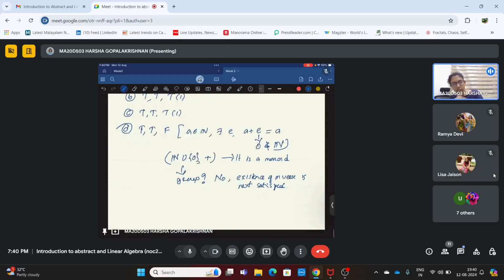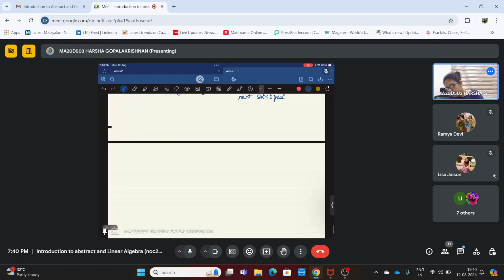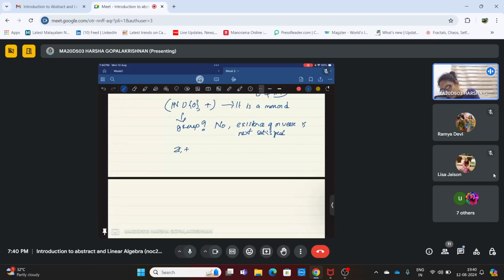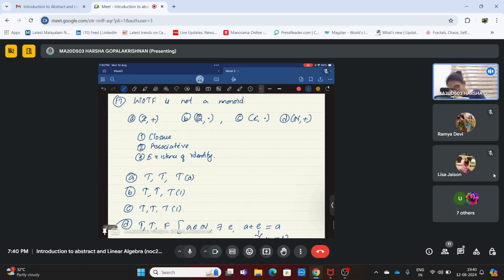So that is why we will go a further step, like Z plus. In that case, we will take all the inverses also, and we will get a group. That's a very simple thing. Okay, Z plus is a group, we have seen. What about these two?